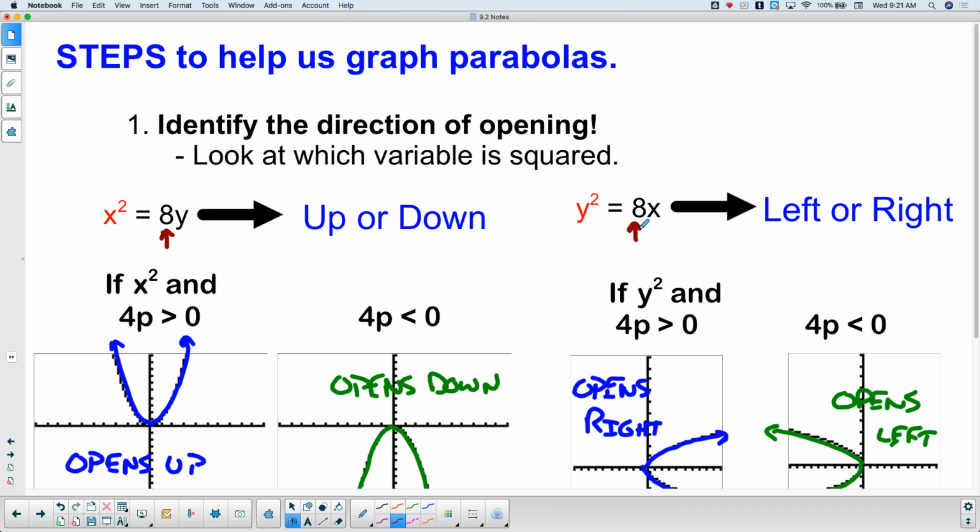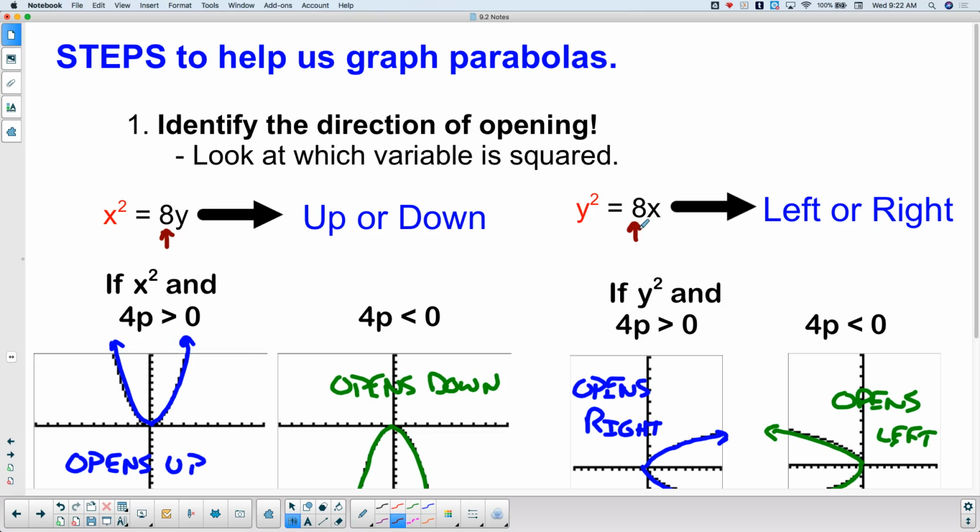So you look at that number there or that number there to determine which of the 2 directions it opens. If that coefficient is positive, it's going to open in the positive direction. Up, down, which one's the positive direction? Up is the positive direction. So if it's x squared and a positive non-squared coefficient, it's going to open up.